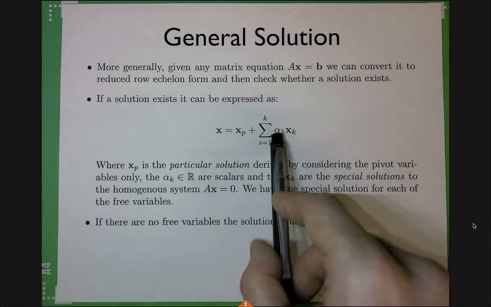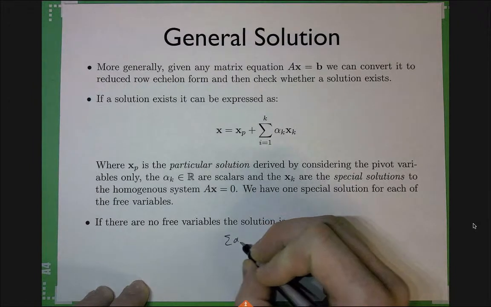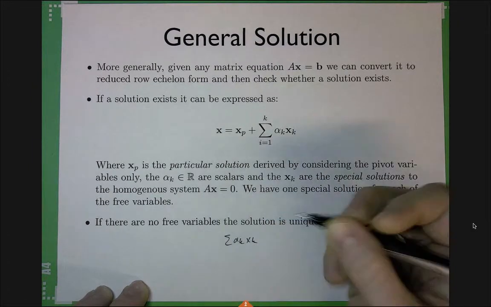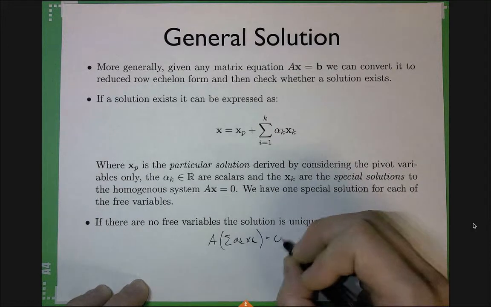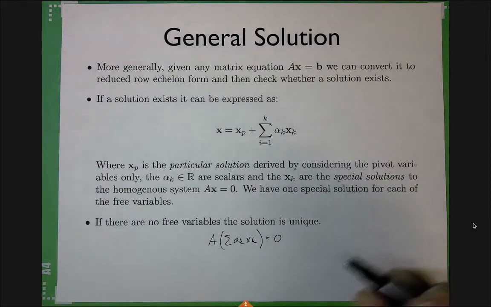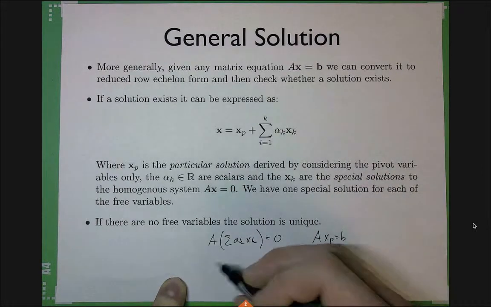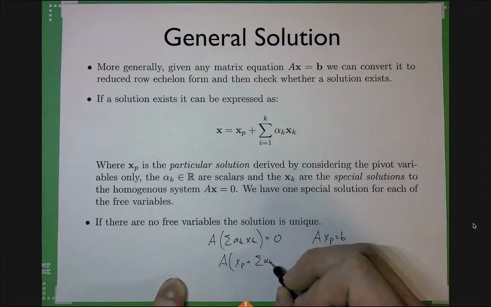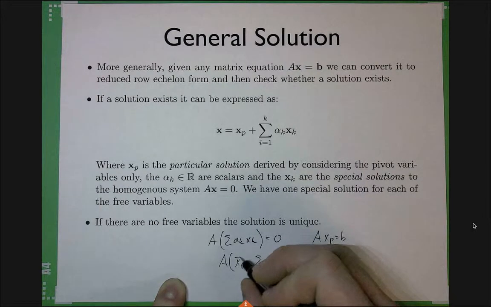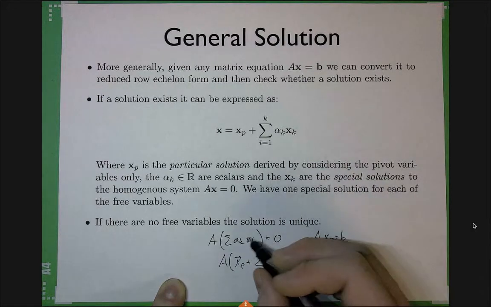Obviously, if I take the sum of alpha k xk, then they have the property that A times sum of alpha k xk is 0. So obviously, if A xp was giving me b, then A xp plus sum alpha k xk, those are vectors, will give me b too, right?